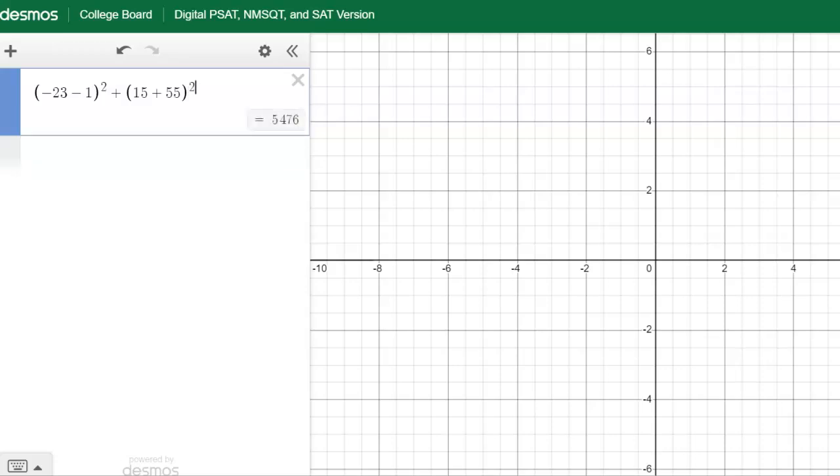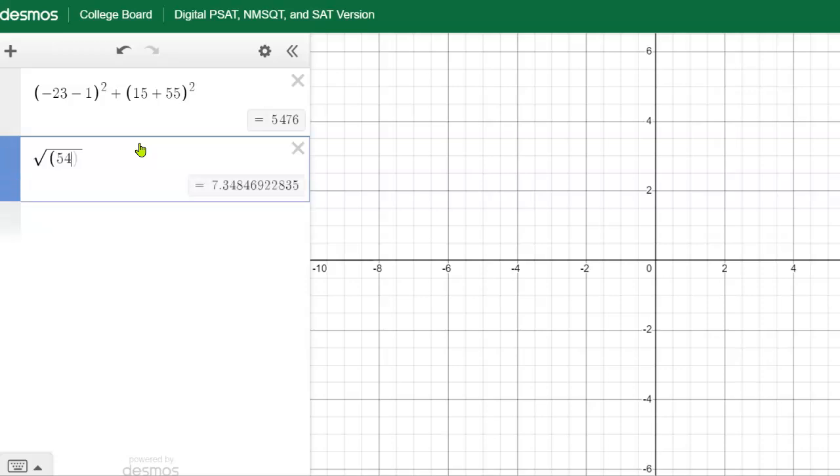It's 5476, but really we have to take the square root of that whole thing. So let's do that. The square root of 5476 is 74. That's the diameter.